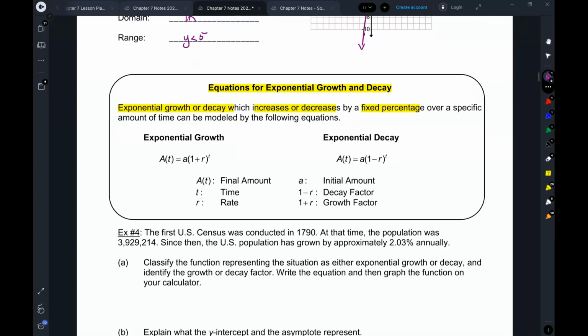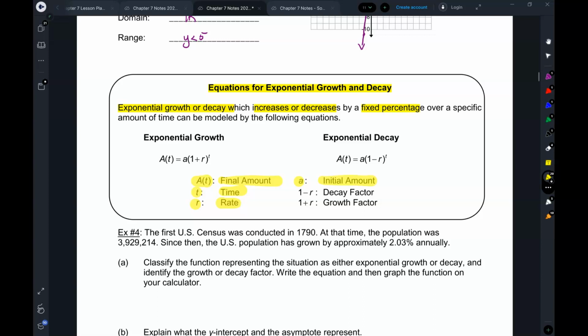A of t is equal to little a, 1 plus r to the power of t. So A of t here is the final amount of something. t is the time. r is the rate in decimals, of course. Little a is the initial amount. So r is the rate, so something increases at a rate of 3% per year. 1 minus r is the decay factor.